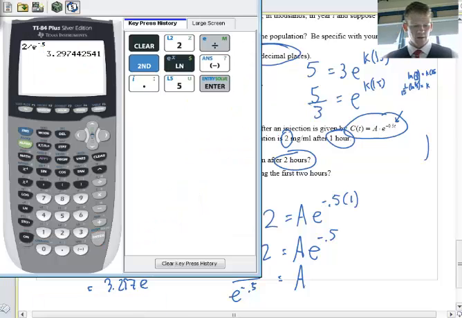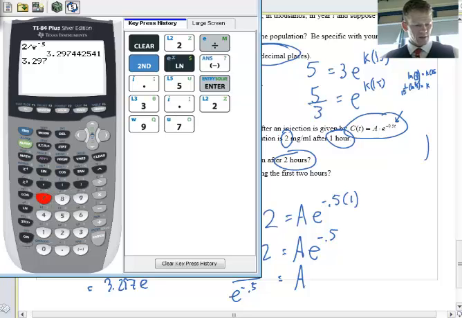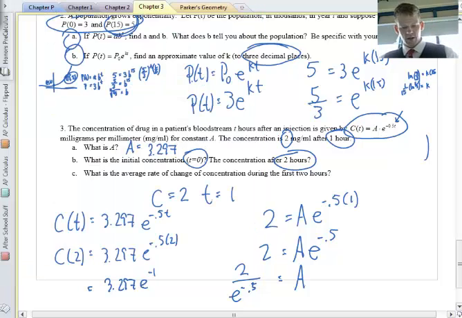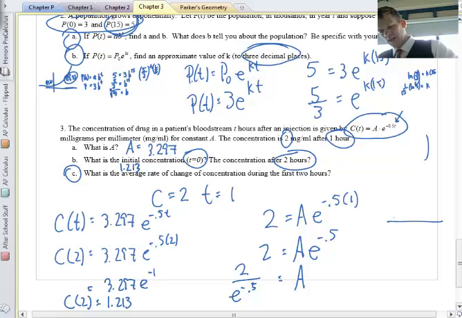So we'll go back to the calculator. 3.297 times e to the negative 1, and that's going to give us 1.213. So the concentration at 2 equals 1.213. What's the average rate of change over the first 2 hours? Well, average rate of change is a slope.